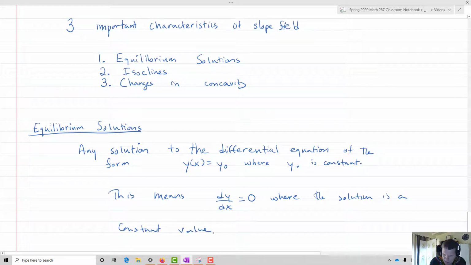All right? So what we're looking for is a solution curve, y equals some constant, and what we know about that is that if y is a constant, then that means dy dx is going to equal 0. So we need some value that we can plug into the differential equation that will give us dy dx equals 0, and where y is also a constant value.